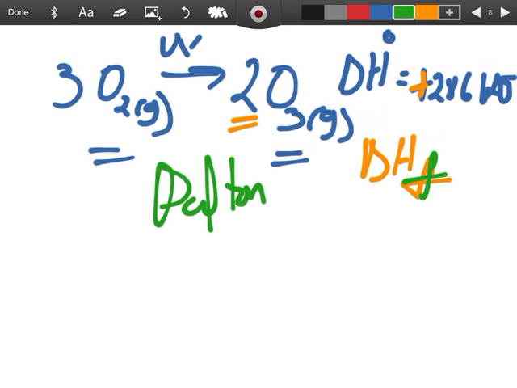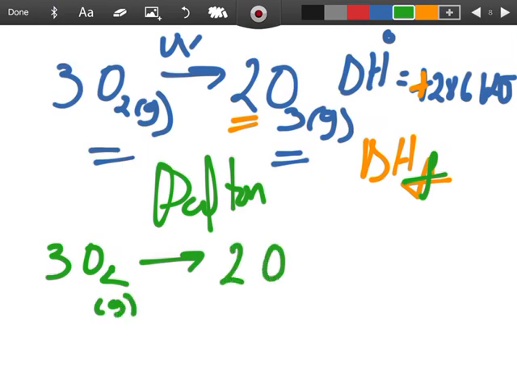We can do this. So if I have 3 moles of oxygen, a gas, and I want to transform this into 2 moles of ozone, which is also a gas, and I need to transform this coefficient into a 1, well, pretty simple. I only need to divide this by 2 and divide this by 2.